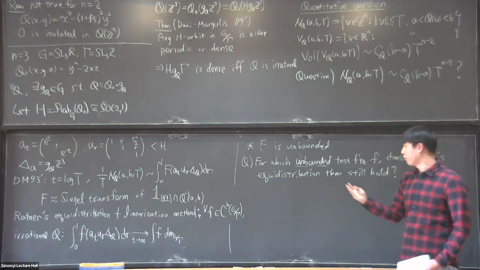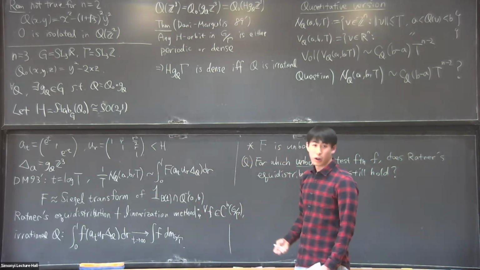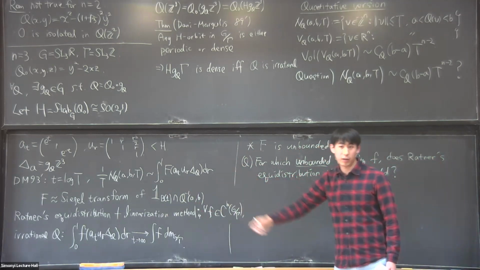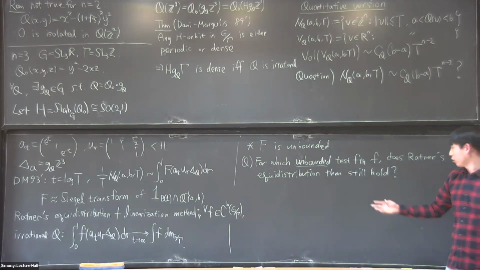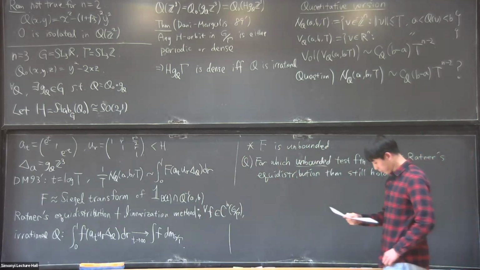So more generally, if you want to apply the equidistribution theorem for unbounded functions like the Ziegler transform here, or Eisenstein series or theta functions, you would end up with the same type of question.